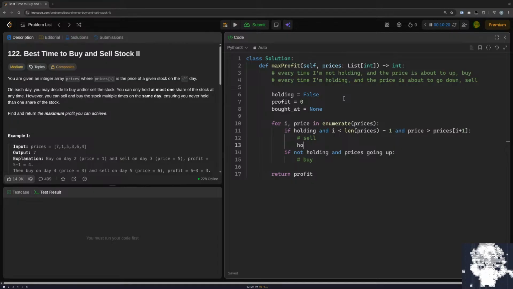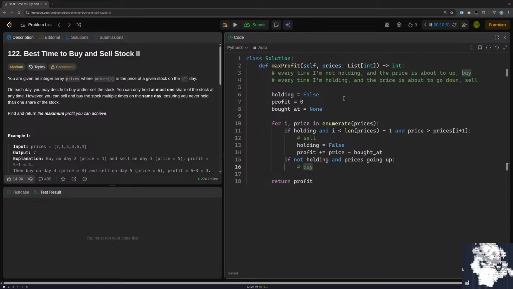So sell means holding equals false. Profit goes up by price minus bought_at.